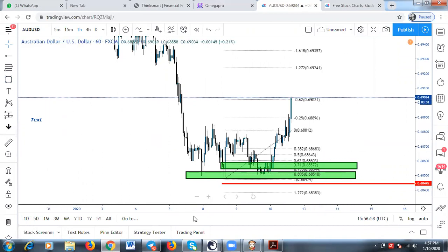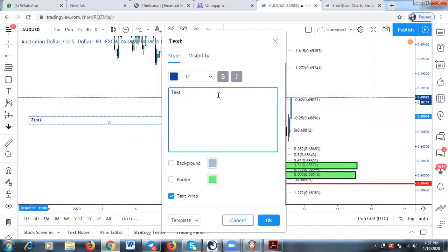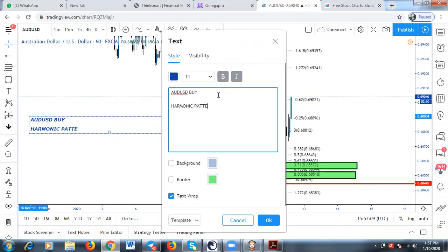Let's list out the confirmations we have on this. We have AUD buy. We had a harmonic pattern. We had divergence. We had an order block here. Besides that, we had our optimal entry.